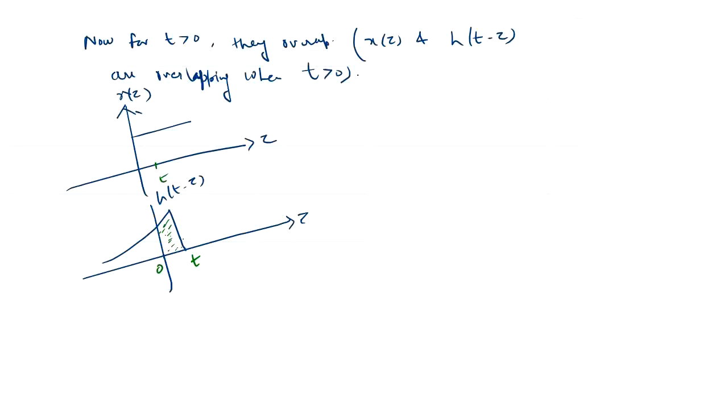It is overlapping between 0 and t. So for t greater than 0, they overlap from tau equals 0 to tau equals t.